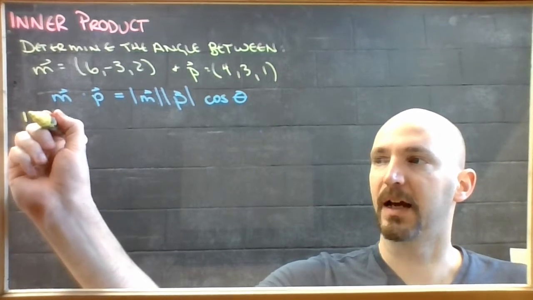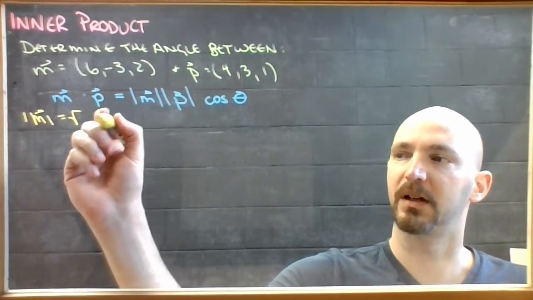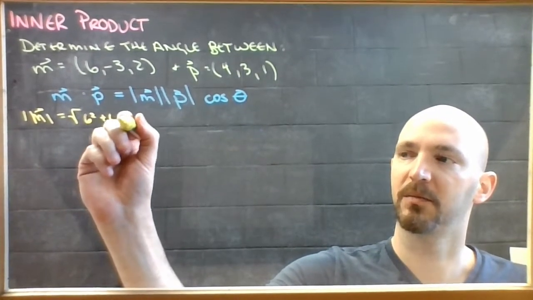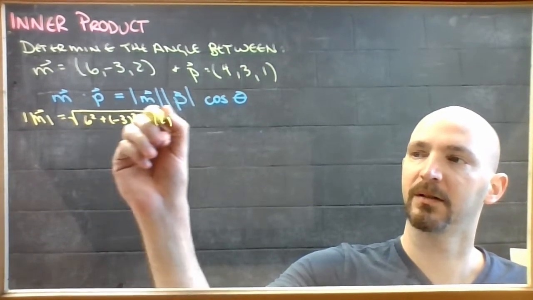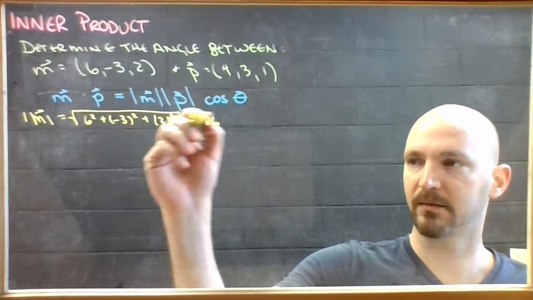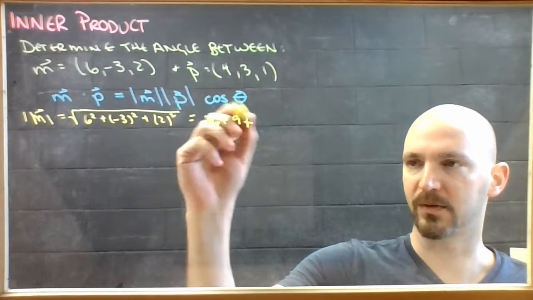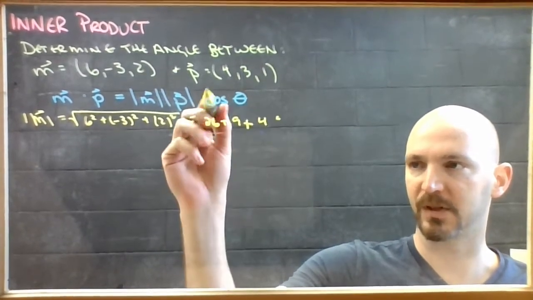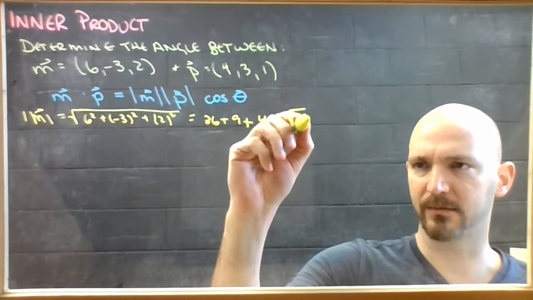the magnitude of m would be the square root of 6 squared plus negative 3 squared plus 2 squared. 6 squared is 36, minus 3 squared is 9, and 2 squared is 4. This is the square root of 49. I keep getting that.